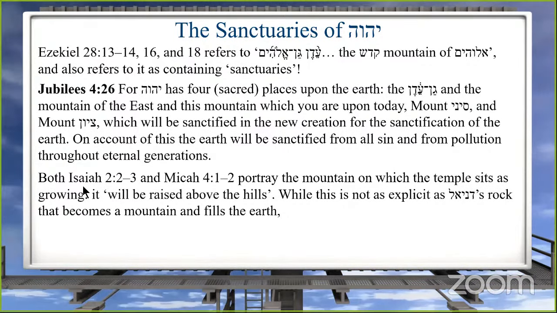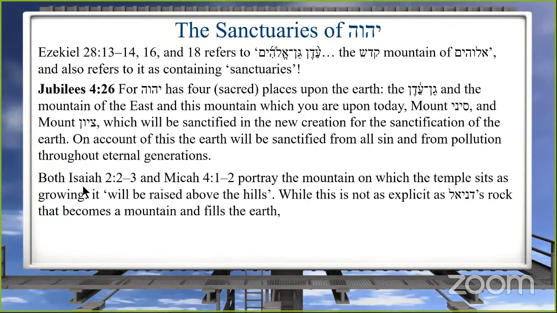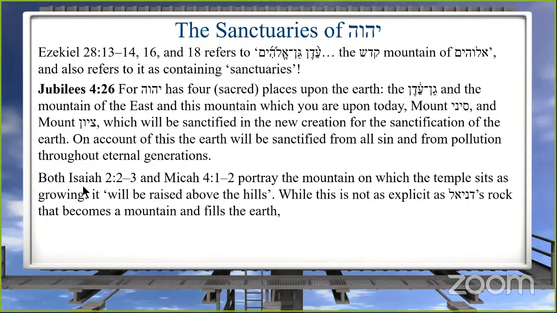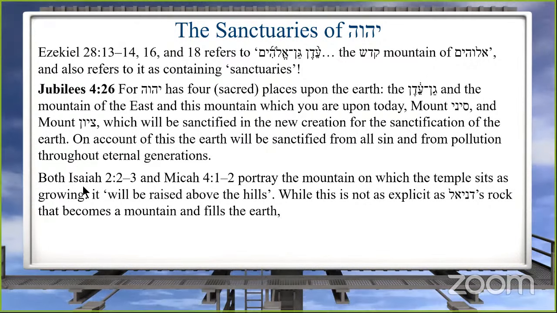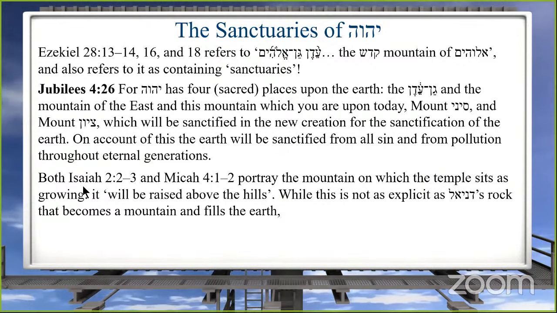Jubilees says, for Yahuwah has four sacred places upon the earth: the Garden of Eden, and the mountain of the east, and the mountain which you are upon today, Mount Sinai, and Mount Zion, which will be sanctified and purified in a new creation for the sanctification of the earth.